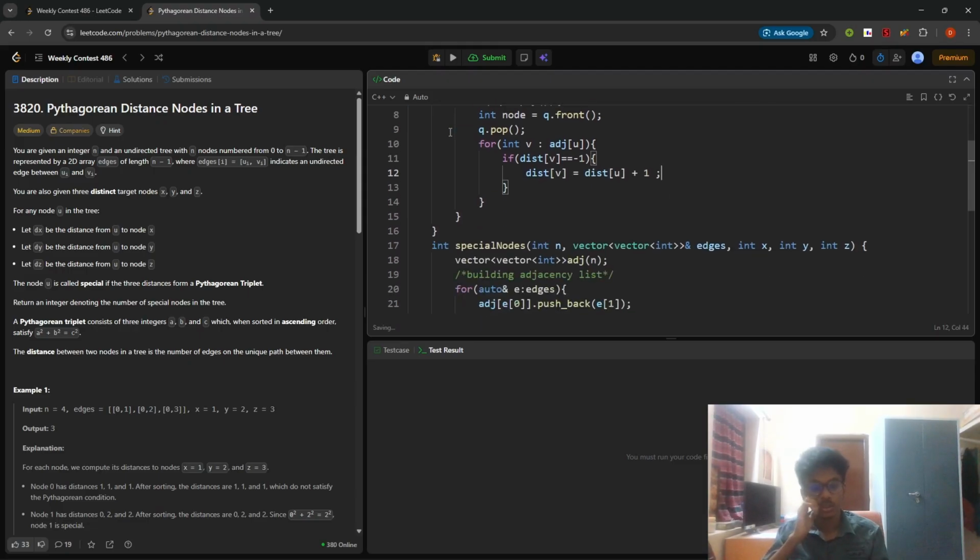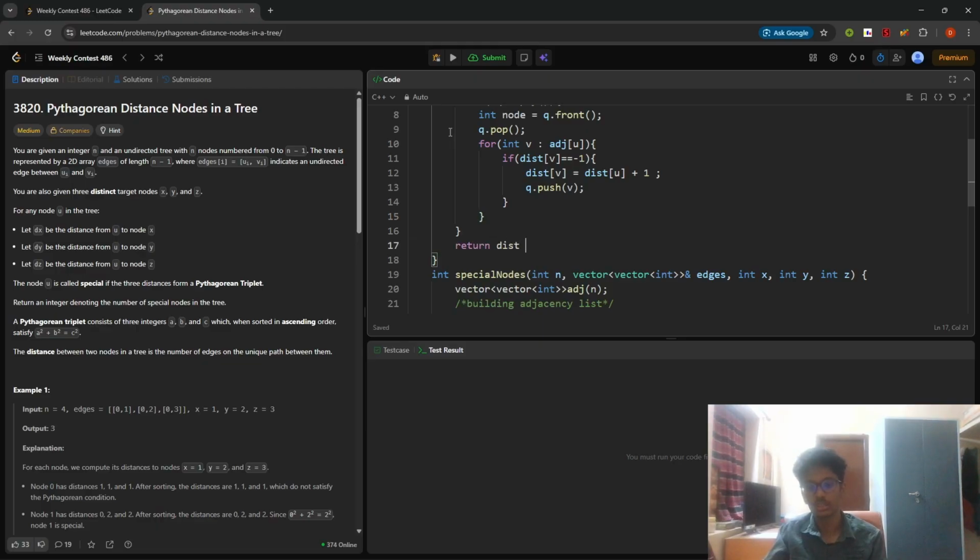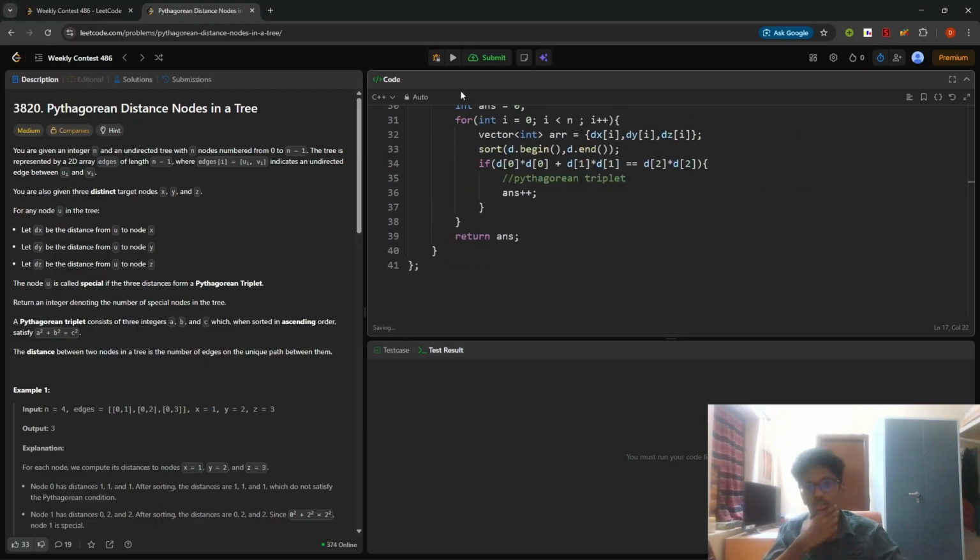We wrote similar kind of logic in the rotten oranges problem also. I hope everyone has done some generic classical problems. We need to return the distance array. That's it about the logic.